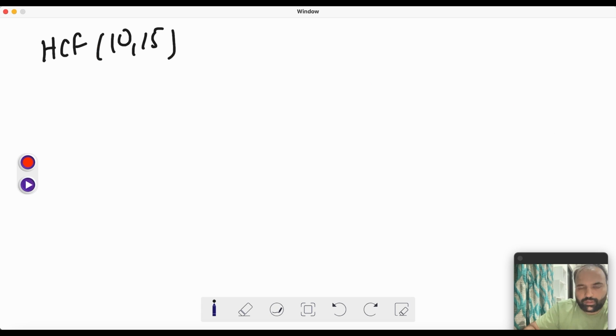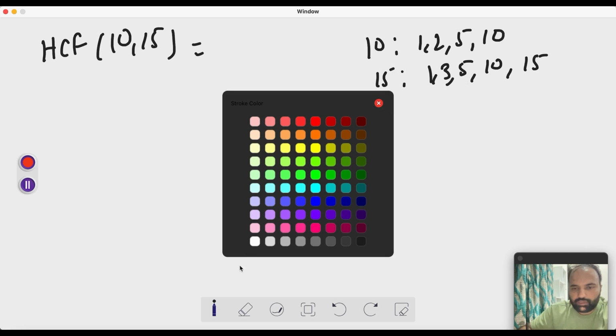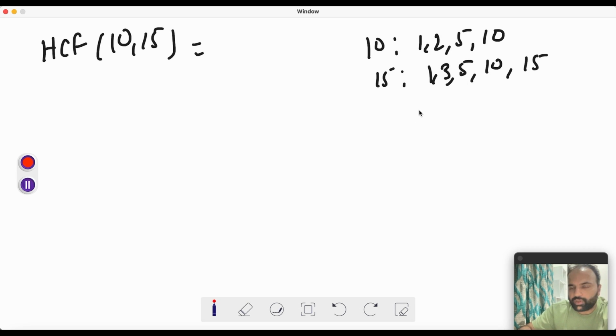Whatever is common, we make the highest of those the highest common factor. Now if we try to find the HCF of 10 and 15, it would be the same. For 10 first, the factors are 1, 2, 5, 10, and for 15 they are 1, 3, 5, 15. So what are we getting in common?